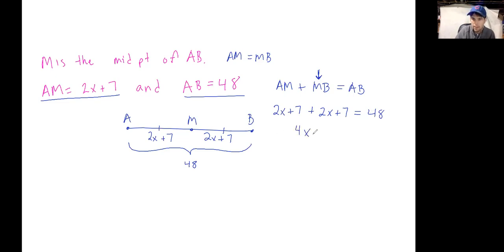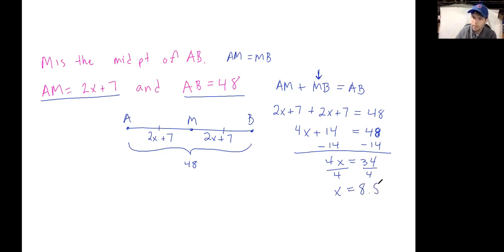Adding these together, 4x plus 14 equals 48. Subtracting 14, 4x equals 34, and then divide by 4. And that is going to be 8.5.